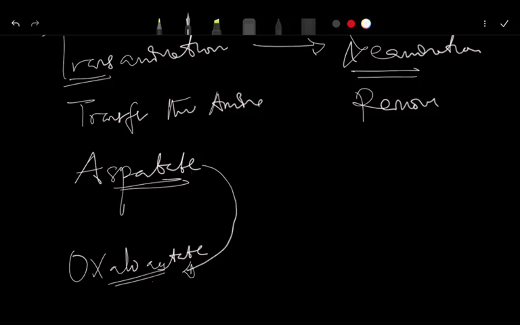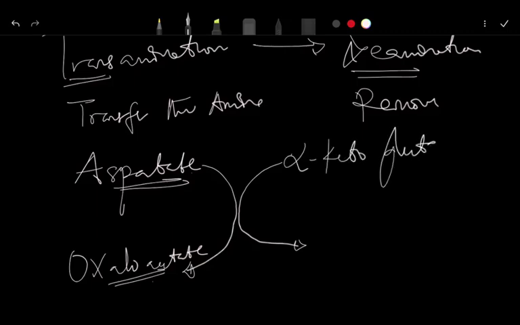Now, the question is, who received that amino group that we just removed from aspartate? Who is the receiver of the amino group? Usually, the receiver of the amino group is what we call alpha ketoglutarate. So alpha ketoglutarate receives the amino group from aspartate and gives rise to glutamate.